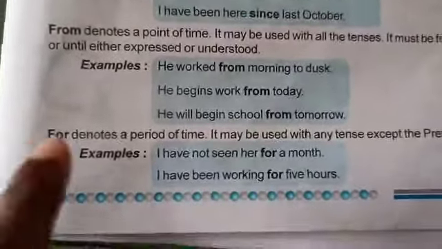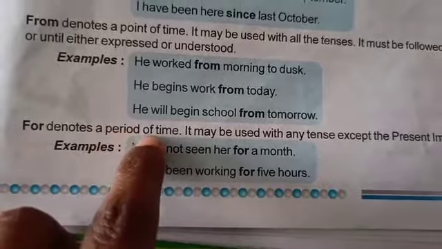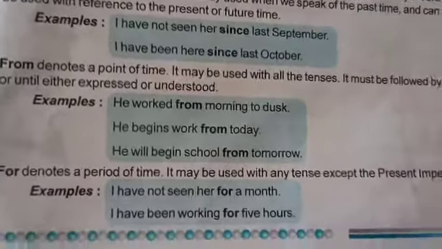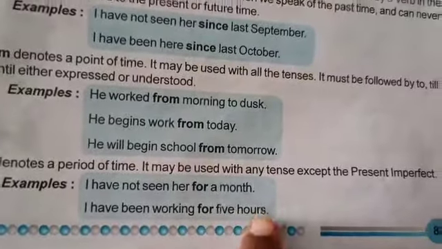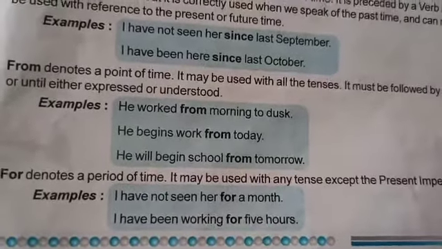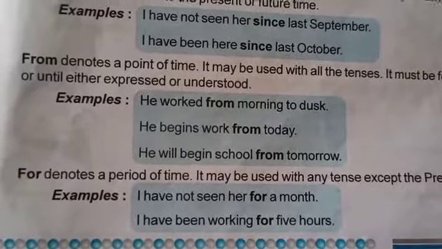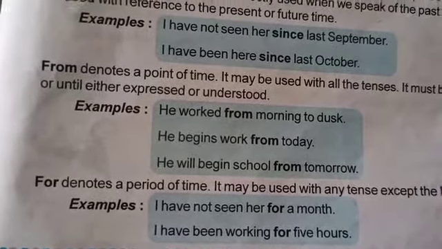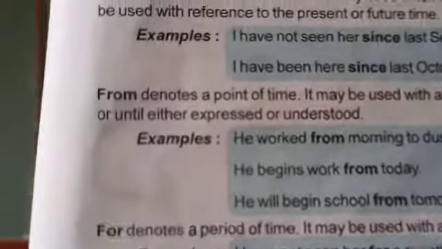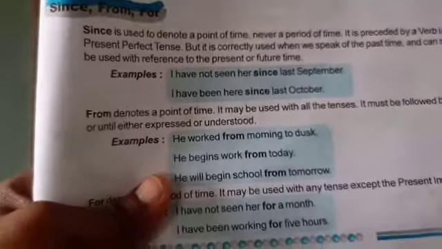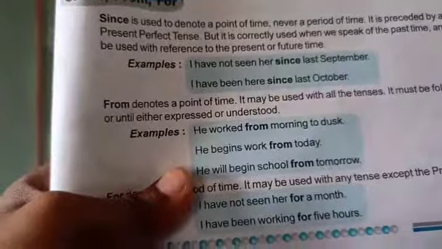Okay, whereas for is used to denote a period of time, long time, like for a month, for 5 hours, for 10 years, like this. These are long timings. For denotes what? A period of time, whereas since and from denote a point of time where the time is given clearly.